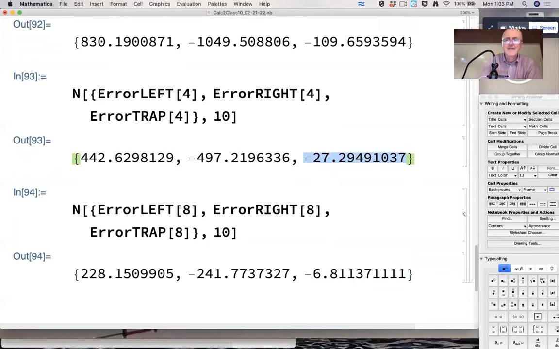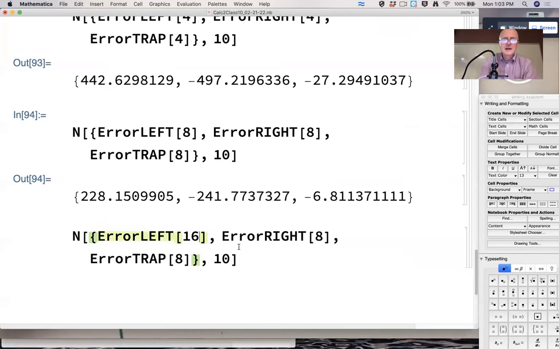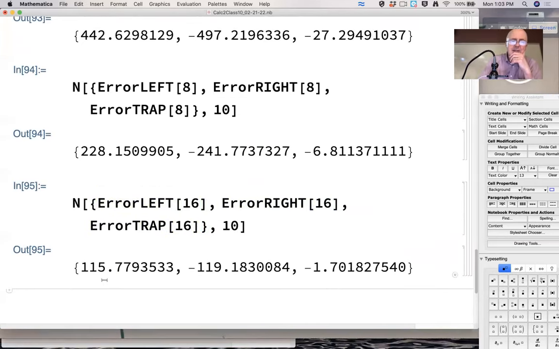Let's try it again. Double n from 8 to 16. It happened again. These two numbers are approximately 1/2 these two numbers. And this number is approximately 1/4 of this. 6.8 exactly divided by 4 is exactly 1.7.